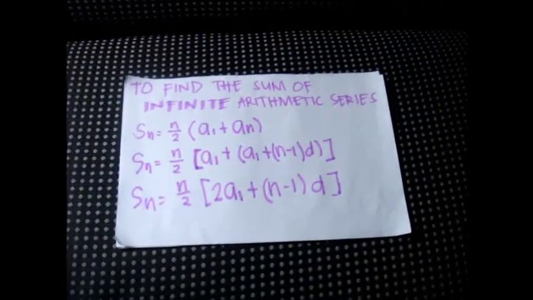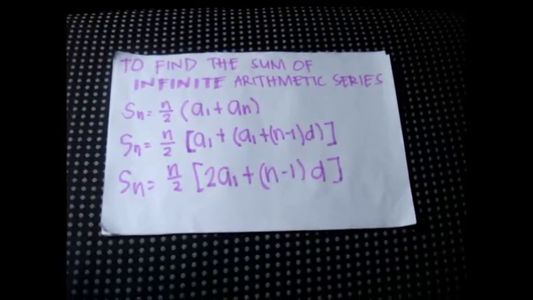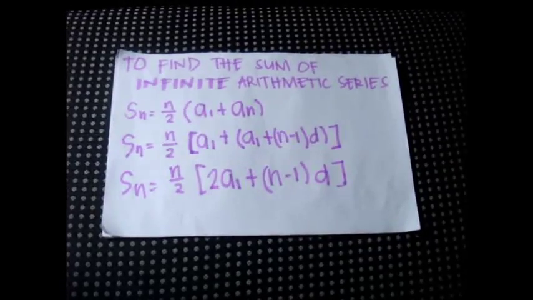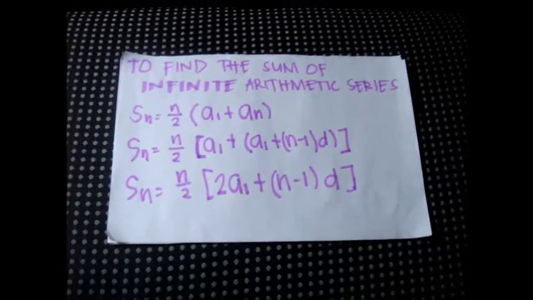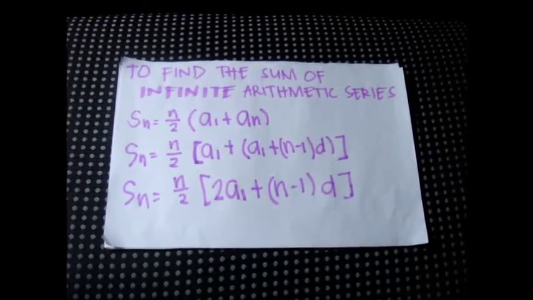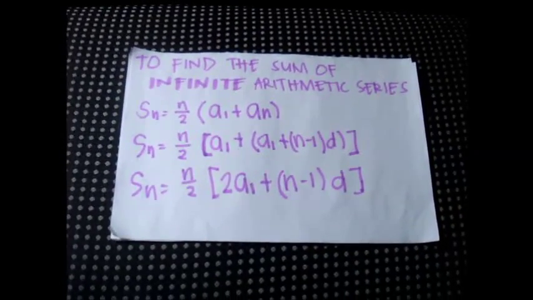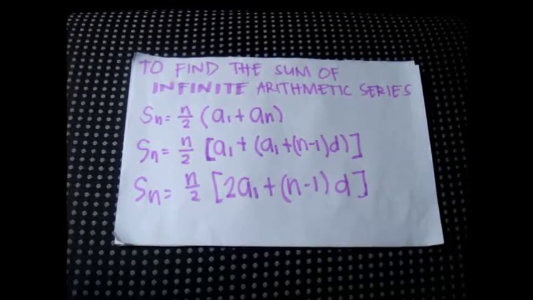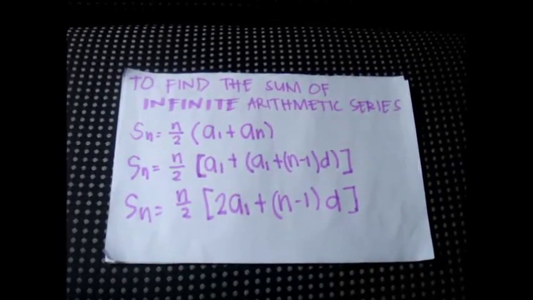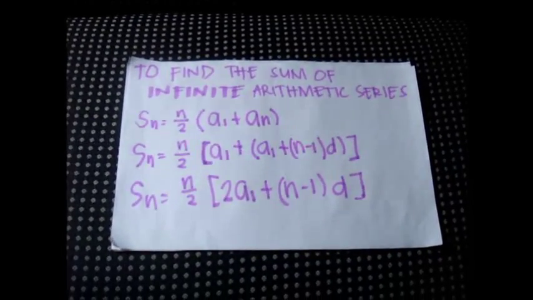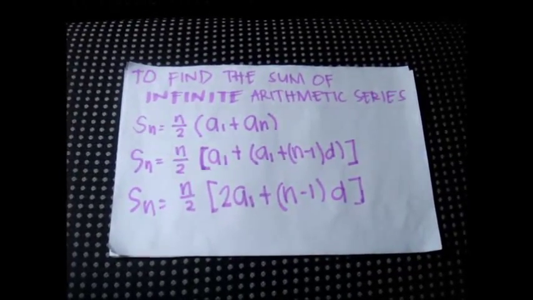Substituting that, we will get S sub n is equal to n over 2 multiplied to a sub 1 plus a sub 1 plus n minus 1 multiplied to d. Therefore, simplifying that equation, we will get S sub n is equal to n over 2 multiplied to 2a sub 1 plus n minus 1 multiplied to d, where n is the number of terms, a sub 1 as the first term, and d as the common difference.